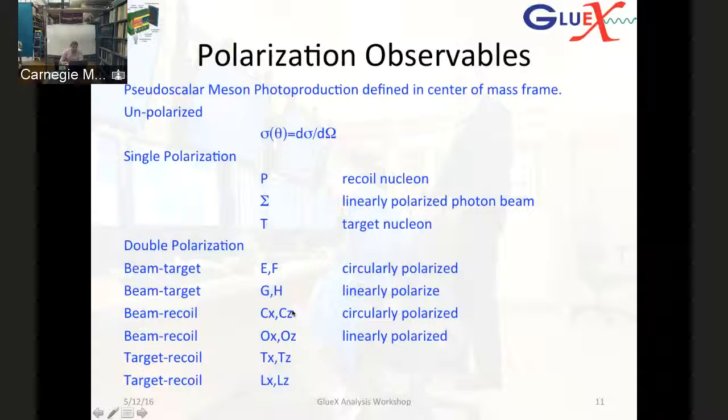With circular, they're known as CX and CZ, and linear, they're known as OX and OZ. And then there's target transfer to the recoil again, and there's these here. So these are things you often see if you're watching talks about baryon spectroscopy. These observables are a lot of things that are fit to.